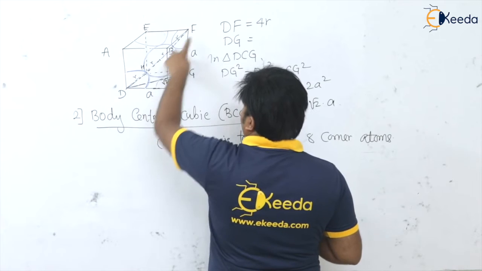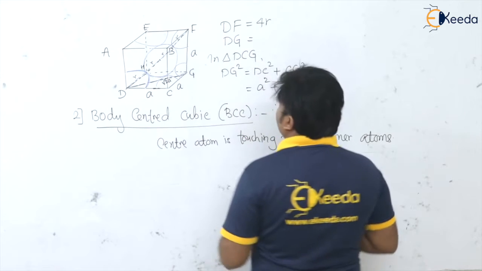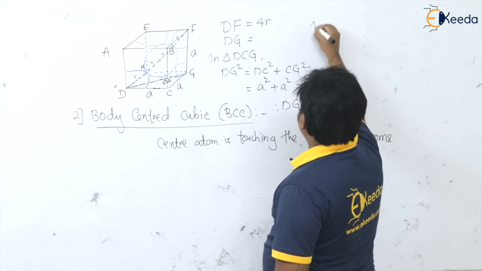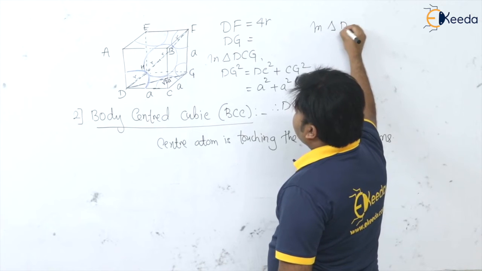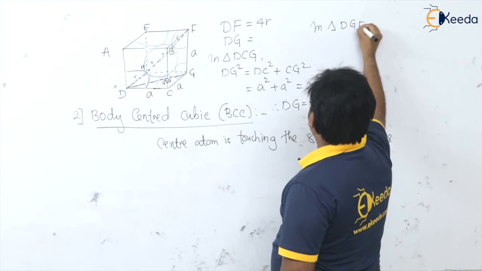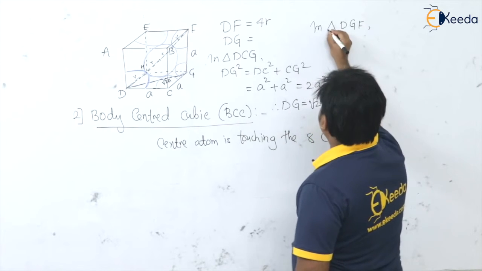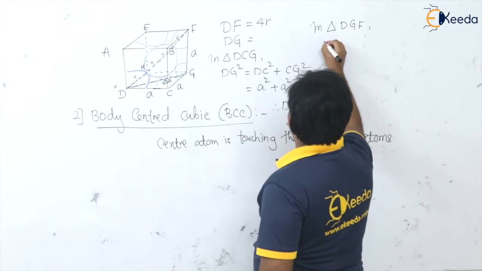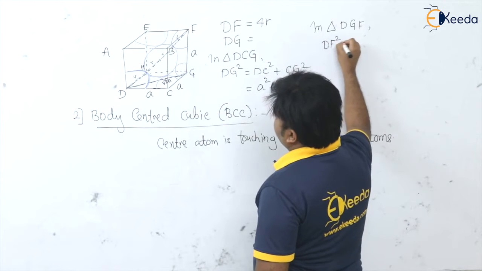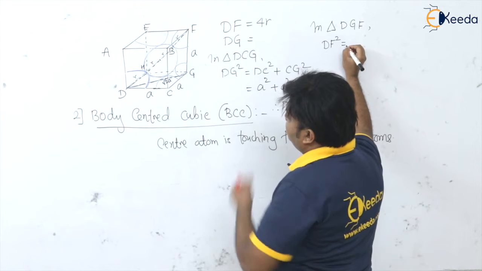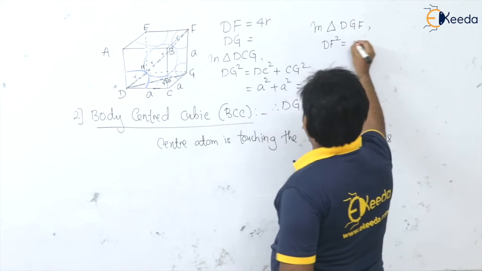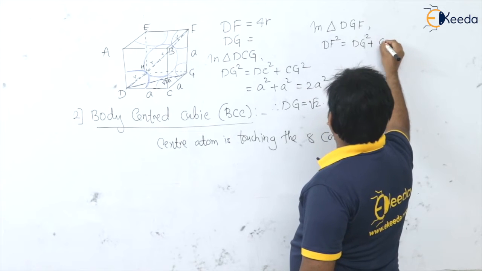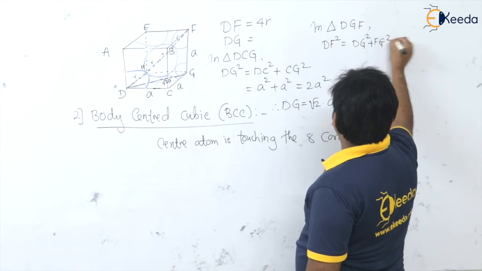Now we can calculate this diagonal DF. This is a body diagonal. Actually DF is a body diagonal of this cube. How to get that? In triangle DGF, we can write by using Pythagoras theorem, DF square is equal to DG square plus FG square.